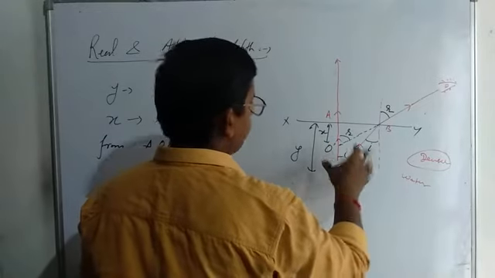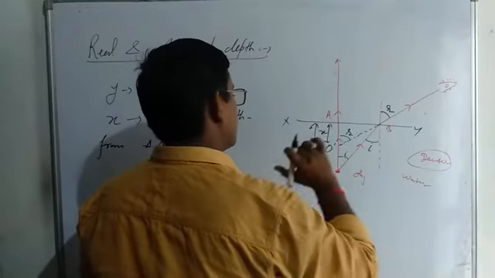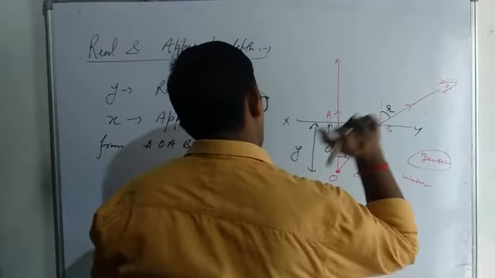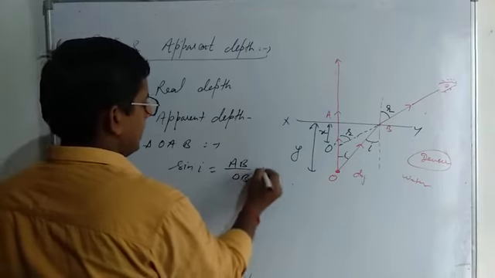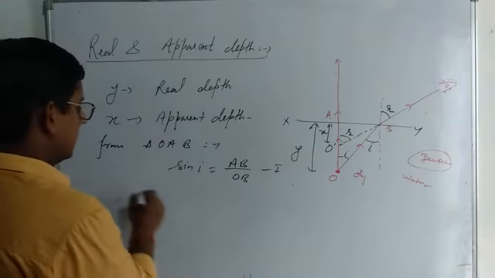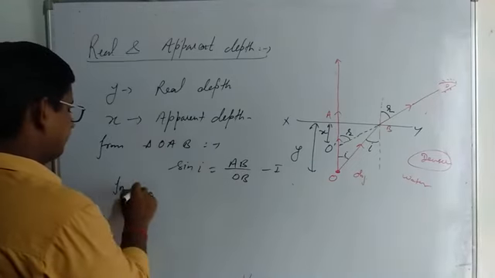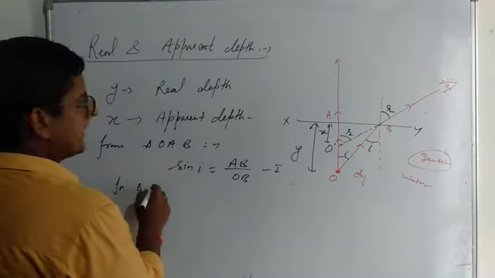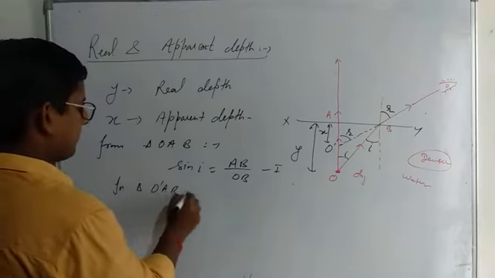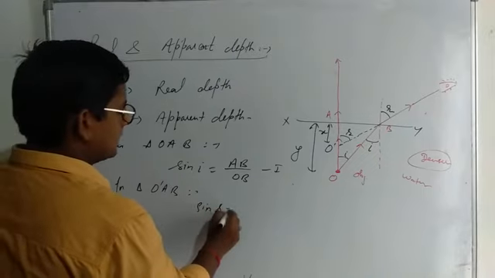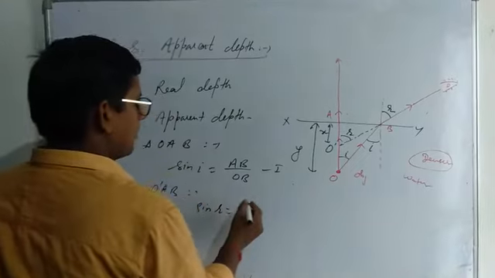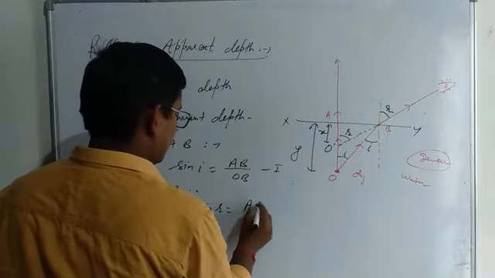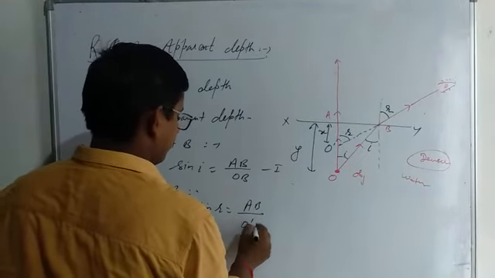The perpendicular is AB and the hypotenuse is OB. So sine I is AB over OB, and let's say that is your first equation. In triangle O dash AB, sine of R is again perpendicular over hypotenuse; the perpendicular is AB and the hypotenuse is O dash B.